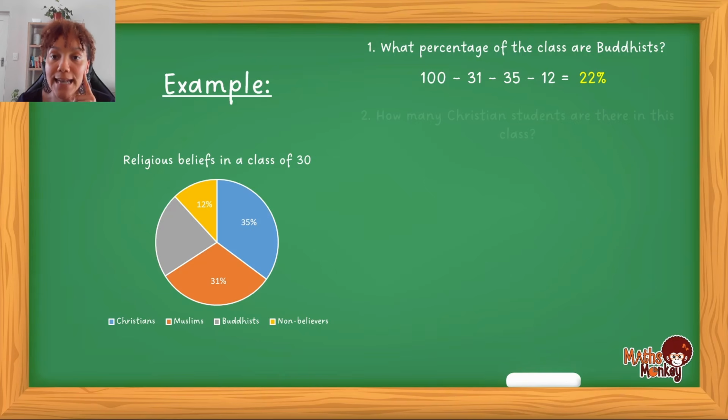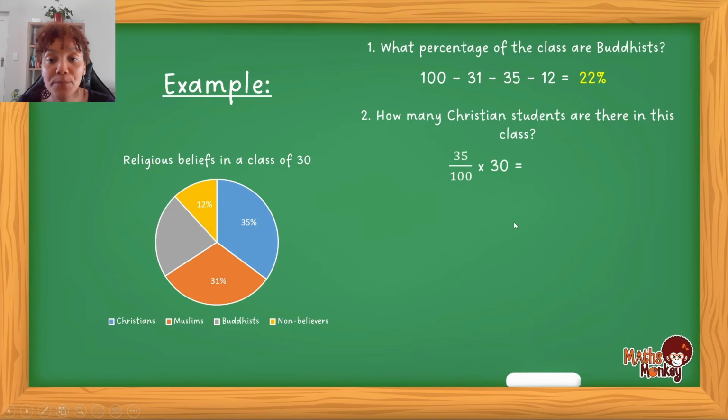Okay. Next question. How many Christian students are there in this class? How many Christians is an amount of students, and what are you given? You are given the percentage. So you know that this is going to be a divide by 100 question. So you're going to say 35 divided by 100, multiplied by the total amount of students in the class, and that would give you 10.5.